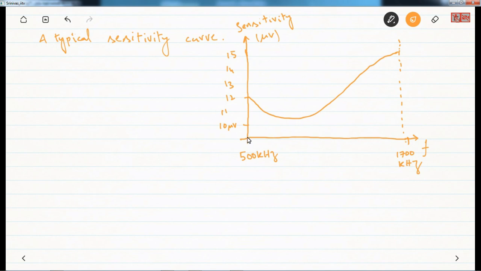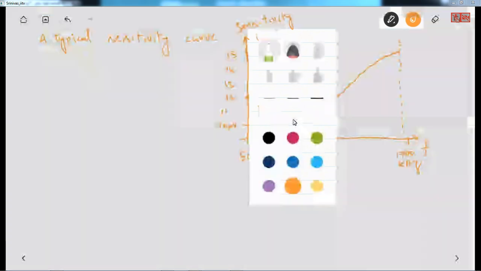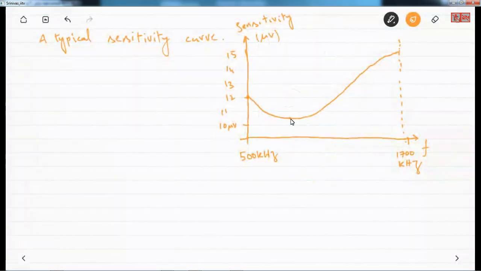What does this mean? At 500 kilohertz, it needs at least 12 microvolts to give you an output power of 50 milliwatt. So its sensitivity is 12 microvolts there, but its sensitivity is good at this frequency, where it needs only maybe 10.5 microvolts. At this frequency it needs 15 or maybe 20 microvolts. So this is a typical sensitivity curve of a receiver.